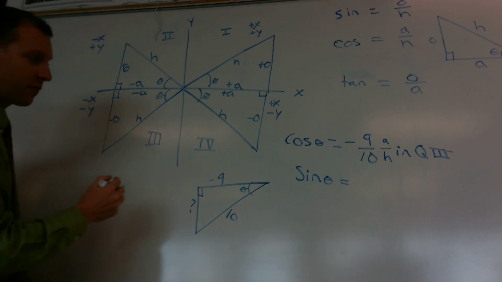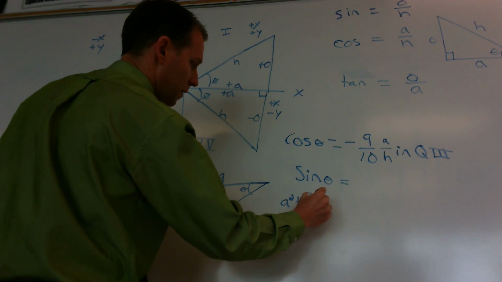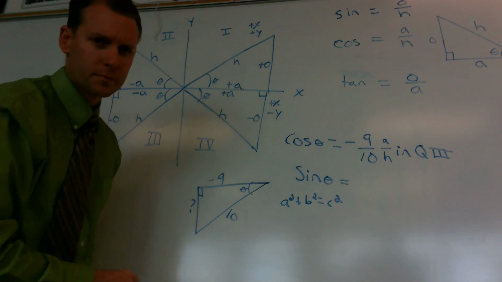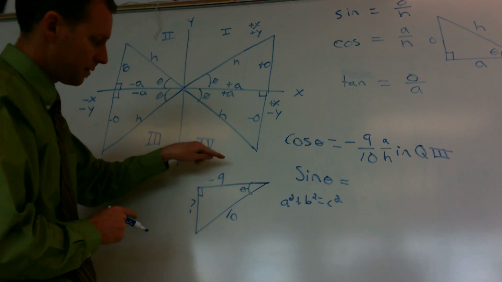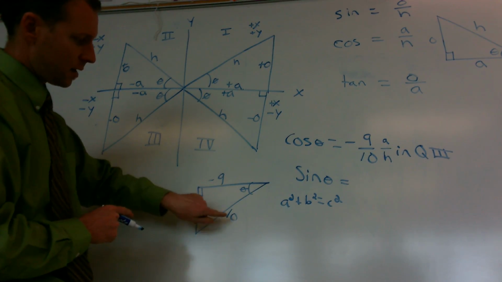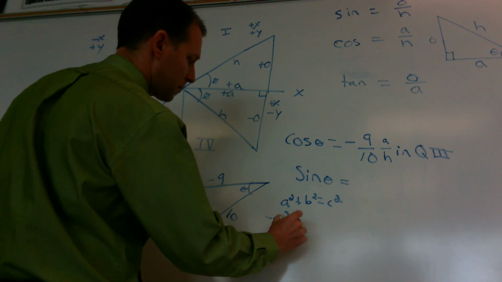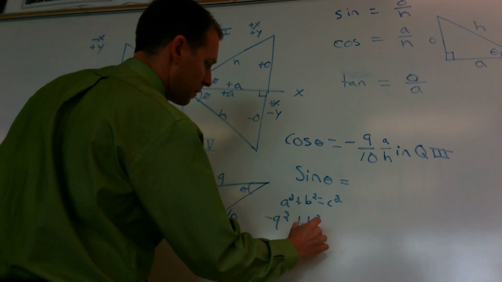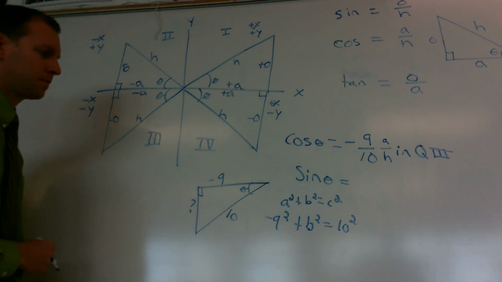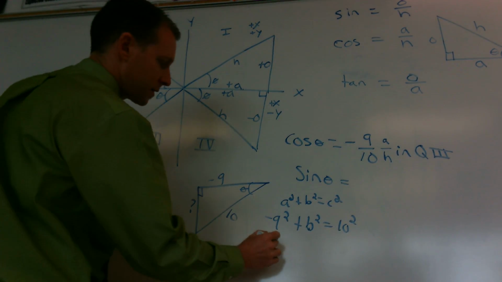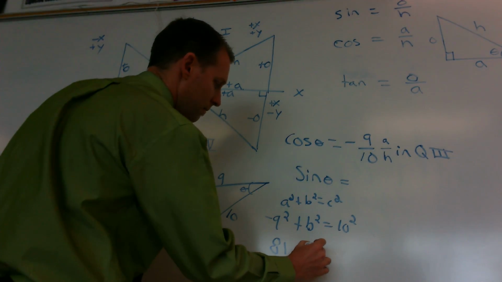Well, you probably remember the formula: a squared plus b squared equals c squared. So negative 9 squared plus b squared equals 10 squared. Then we're going to simplify. Negative 9 times negative 9 is 81.